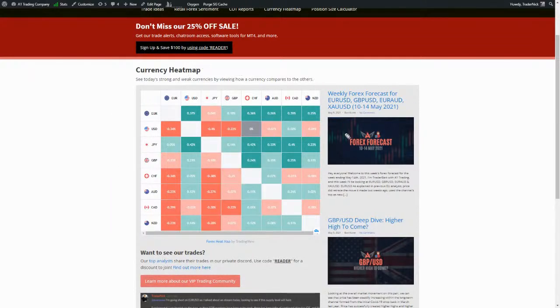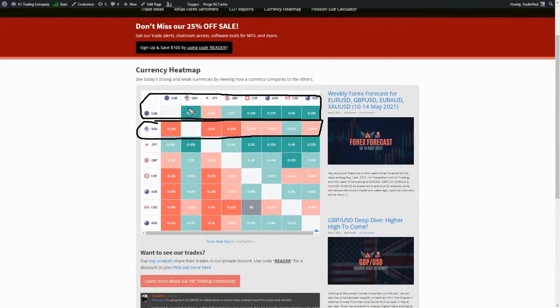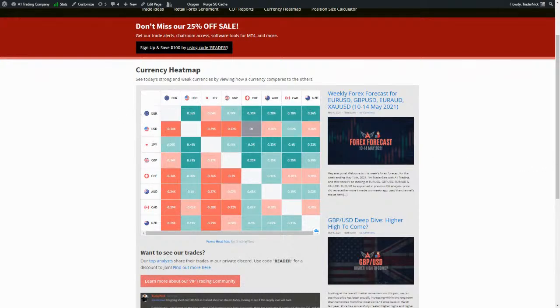When we're looking at this chart, it's telling us that today the US dollar is looking pretty weak against most of the other currencies. On the flip side, the euro is appreciating against most of them. It's beating the dollar, the pound, the Swiss franc, the Aussie, CAD, and New Zealand. The CAD looks fairly mixed but mostly negative against the euro, the dollar, the yen, and the pound.